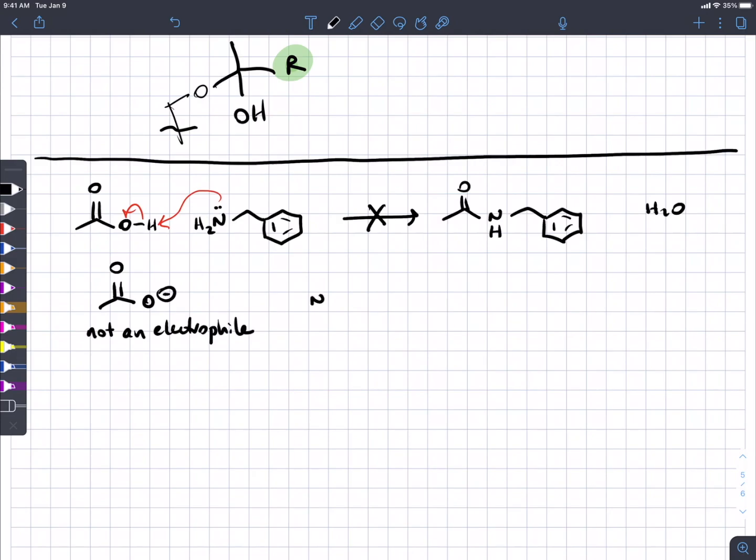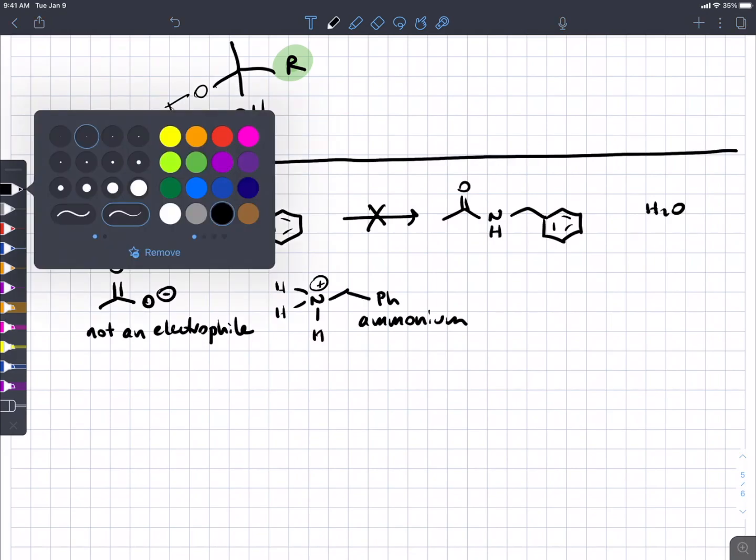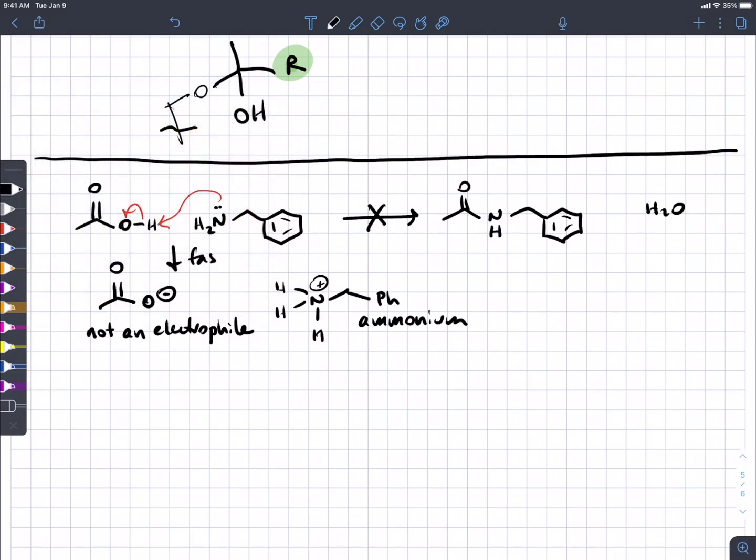It's got extra electron density. And then over on the amino side, you now have the corresponding ammonium ion. And that's just acid-base chemistry. It's fast. If you compare pKa's of conjugate acids, there's a sense for how thermodynamically favorable it is. And so then you're sort of done.